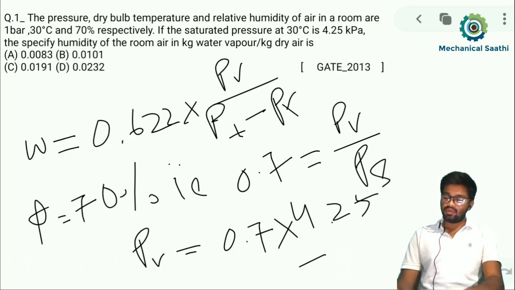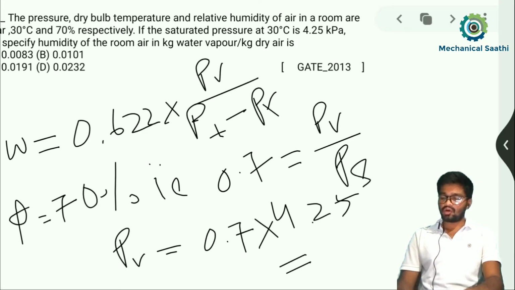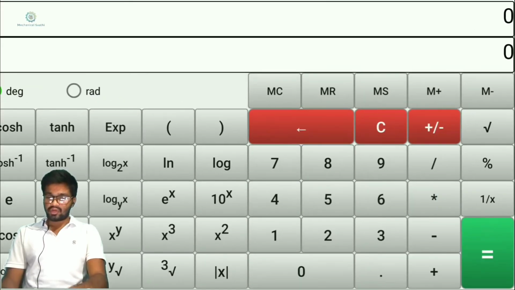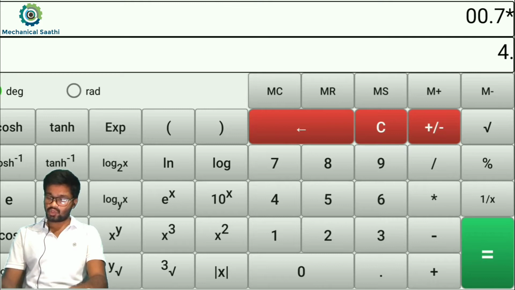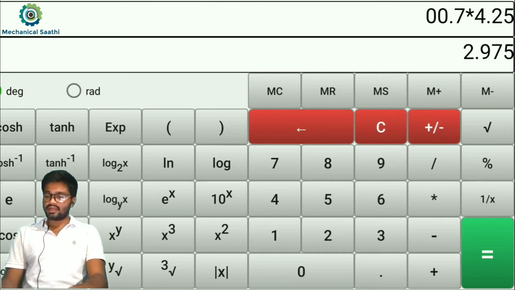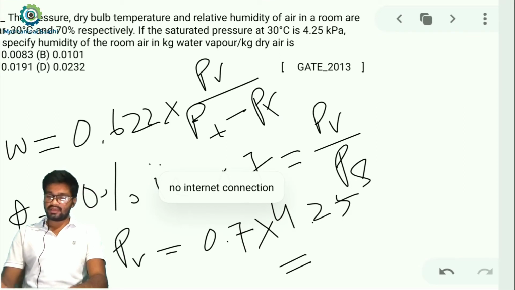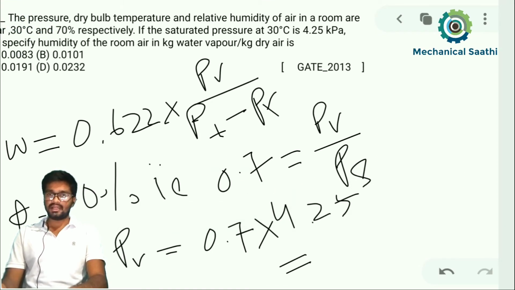Let me use the scientific calculator. So 0.7 cross 4.25, we can calculate this as 2.975. So 2.975 in terms of kilopascal will be the answer.